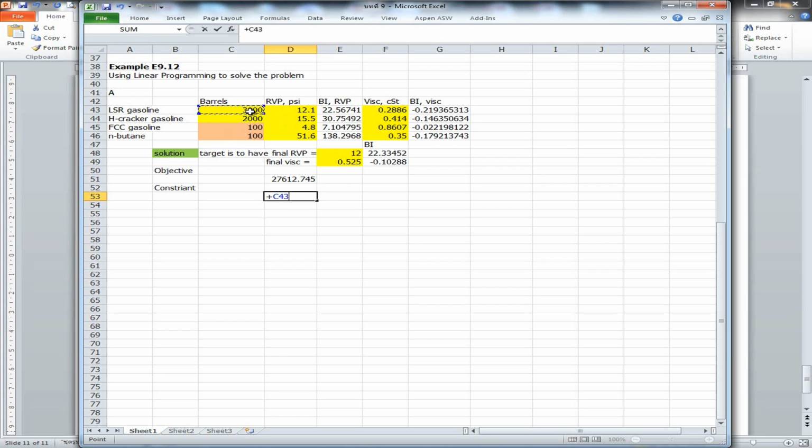Okay. Multiply with this. Alright. Then minus of this plus, and multiply with the final viscosity. Okay.